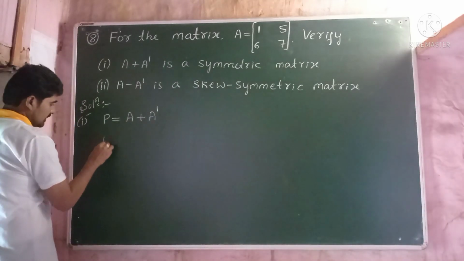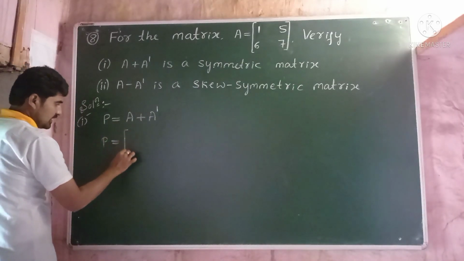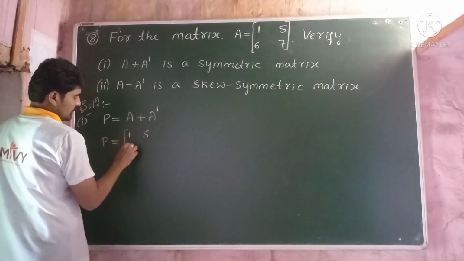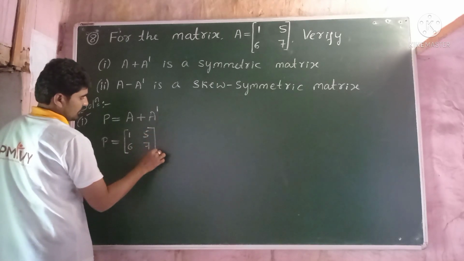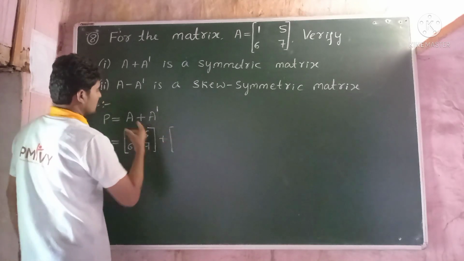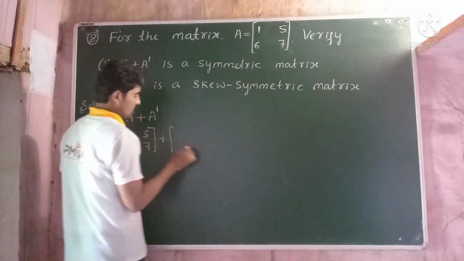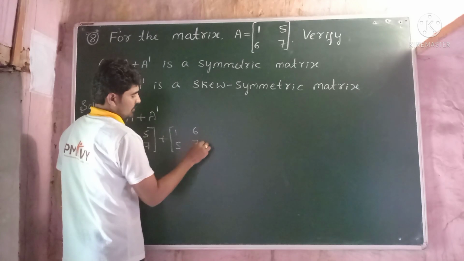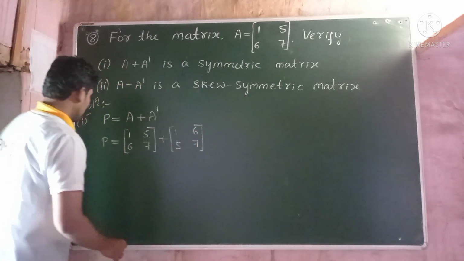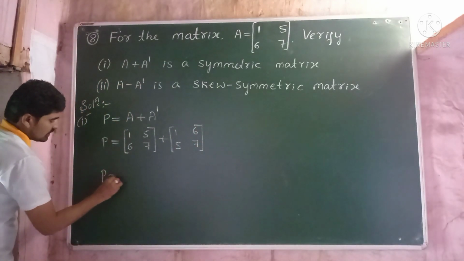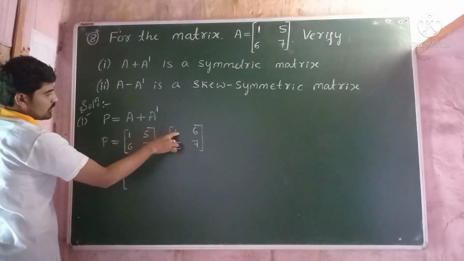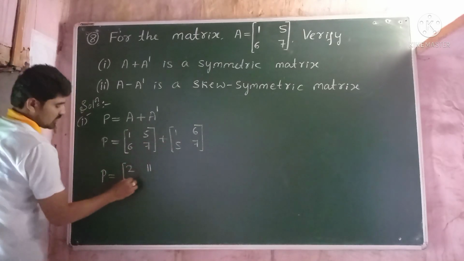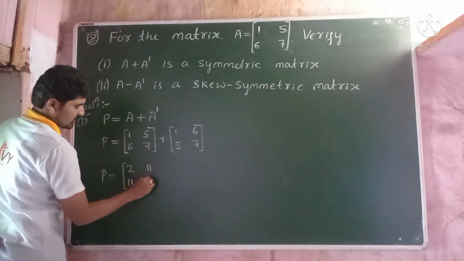Therefore P equals matrix A, given by 1 5 6 7, plus A dash, the transpose of the matrix A. First row becomes first column, second row becomes second column. Therefore the matrix P equals 1 plus 1 is 2, 5 plus 6 is 11, 6 plus 5 is 11, 7 plus 7 is 14.